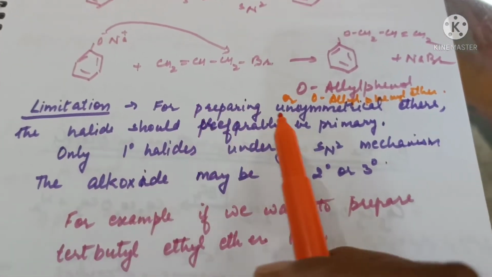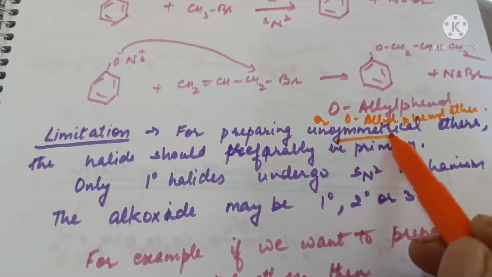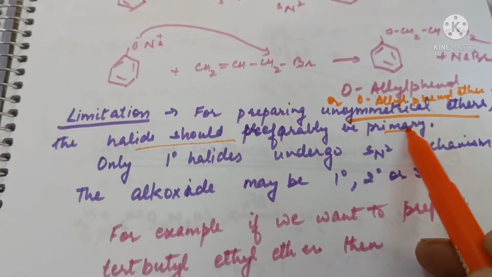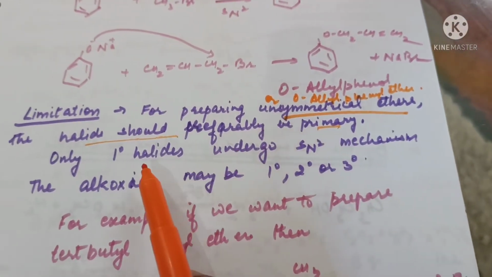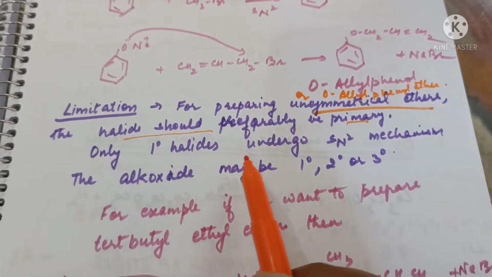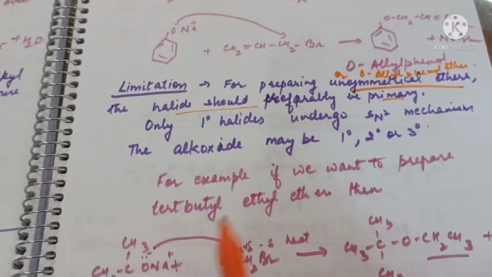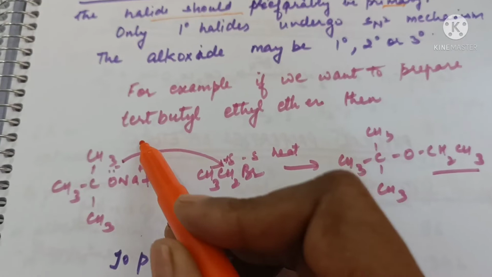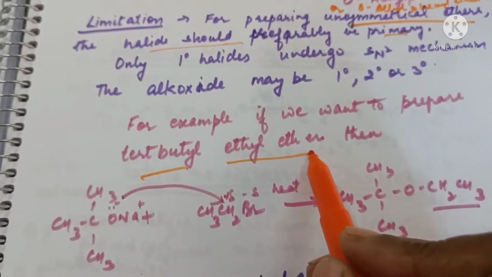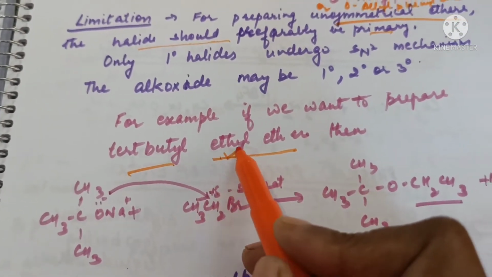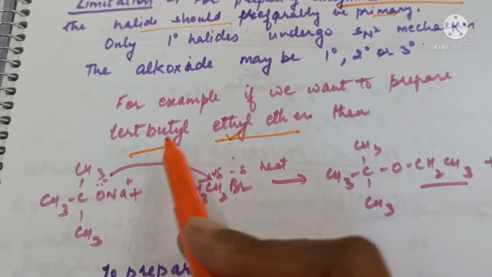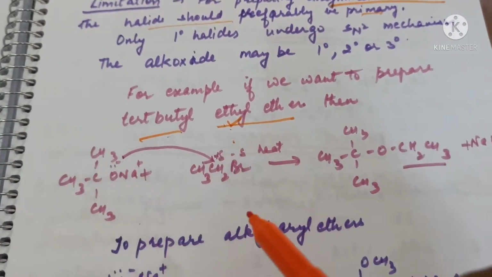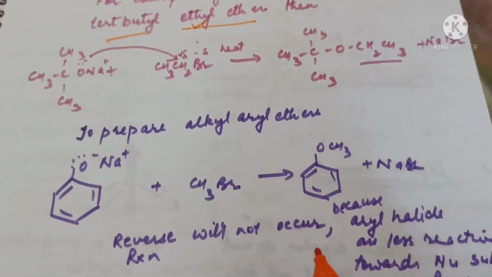Limitation of this reaction: if we have to prepare unsymmetrical ethers, the halide should be primary and the alkoxide can be secondary or tertiary. For example, if we want to prepare tertiary butyl ethyl ether, then we will use ethyl halide and tertiary butyl alkoxide. We cannot do the other way around because there will be no reaction.